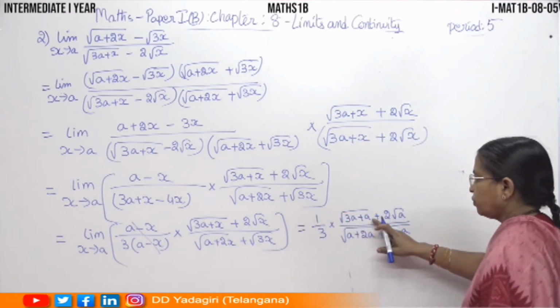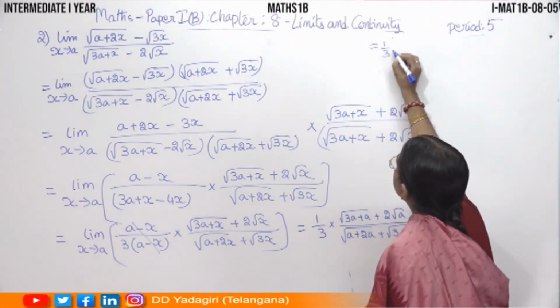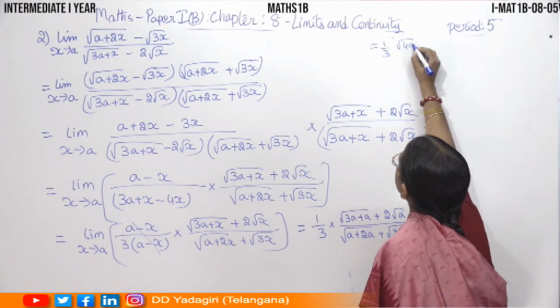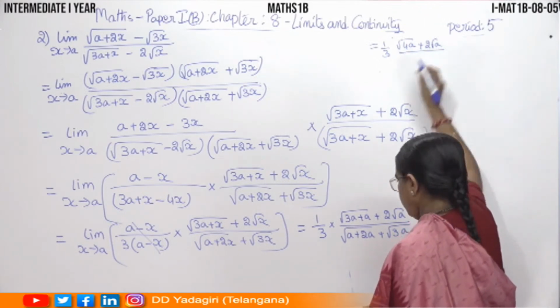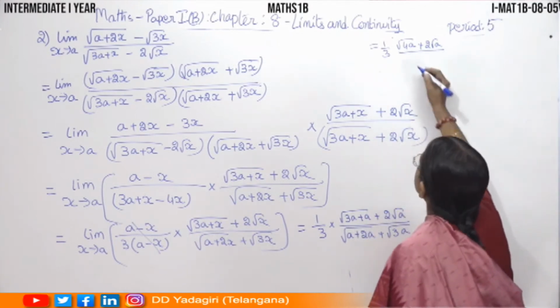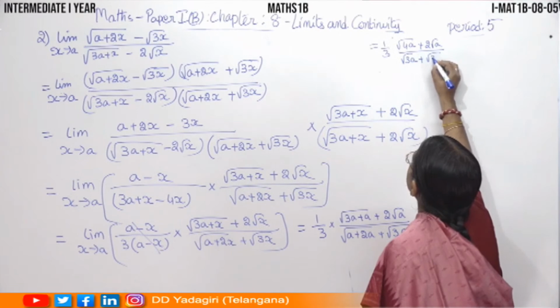So this is root 4a plus 2 root a. So it is equal to 1 by 3 into root 4a plus 2 root a by root 3a plus root 3a.